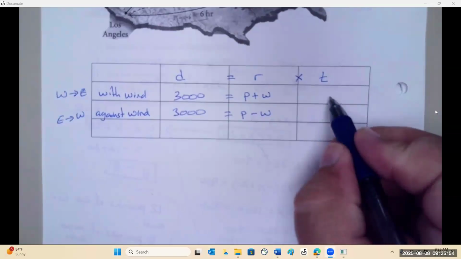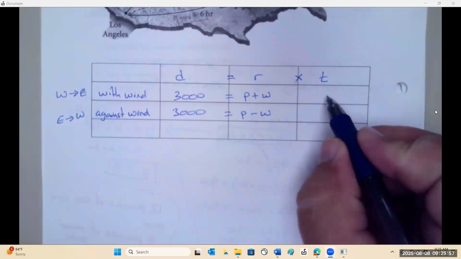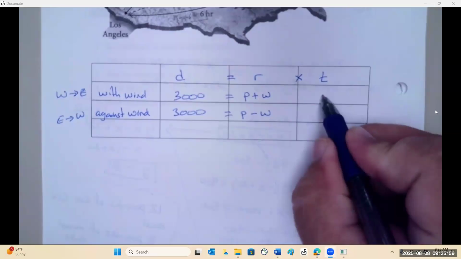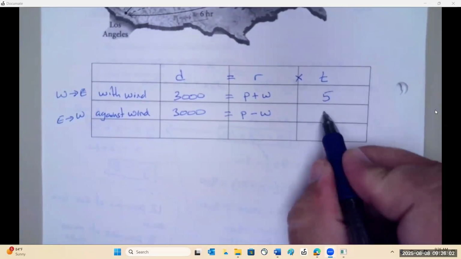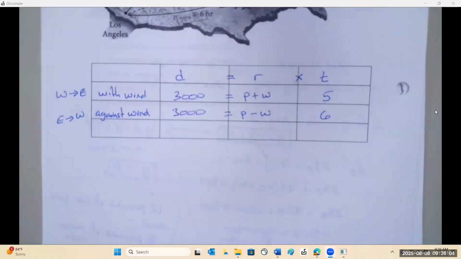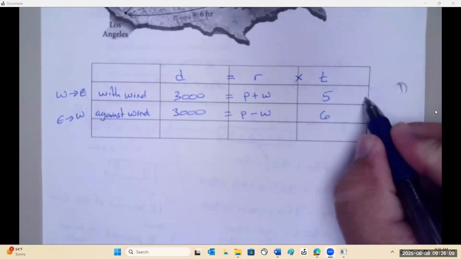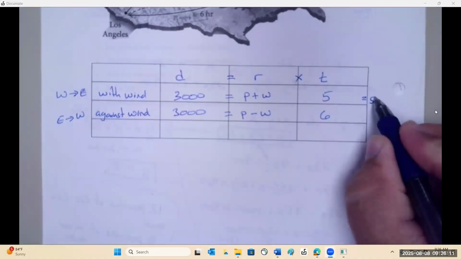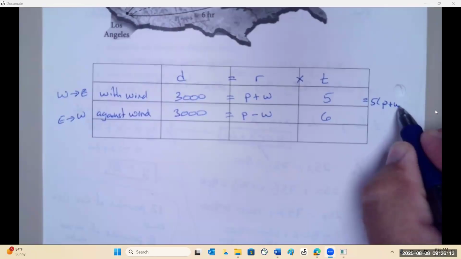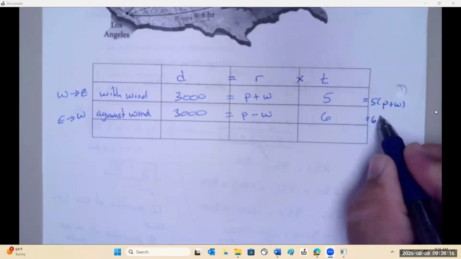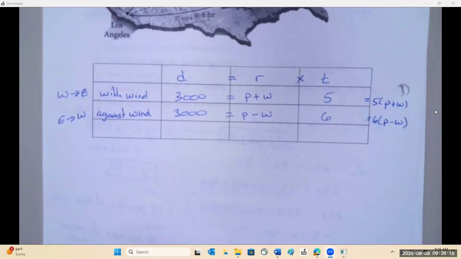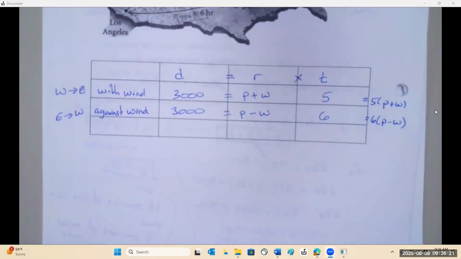How about time? Going from west to east, how long did it take us? And east to west, 6 hours. So the formula would be 5 times P plus W, 6 times P minus W. So do we have our two equations?